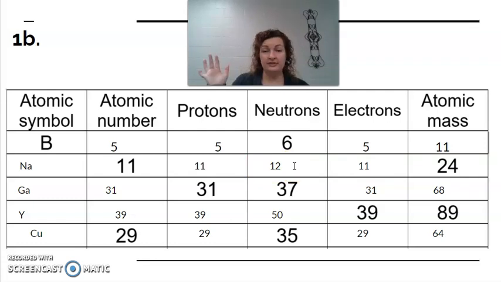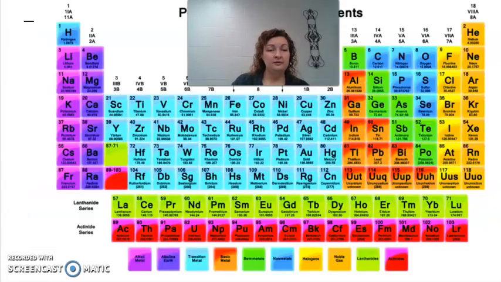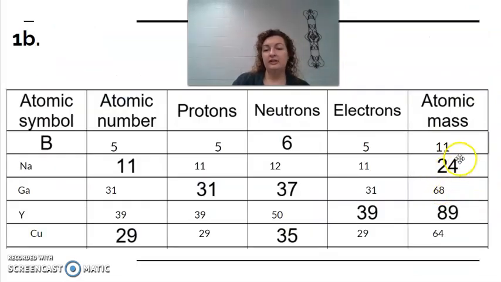Remember, there are isotopes out there, and if you look on the periodic table, the mass is not going to be the same mass that's on there. This mass says 22 point something, which is not what you're seeing here. This one says 24. This is an isotope of sodium. Remember, an isotope is the same number of protons but a different number of neutrons. So we clearly have a different number of neutrons, which is just an isotope of sodium, no big deal.